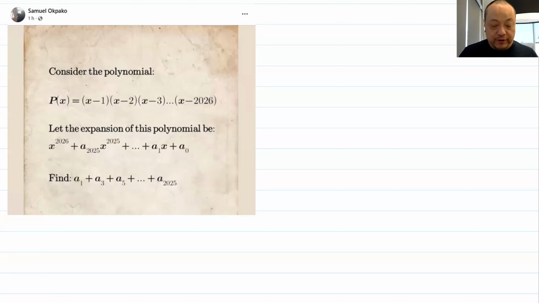And the question is to find a1 plus a3 plus a5 plus all the way up to a2025, meaning all the odd coefficients. This question is actually easier than it looks.